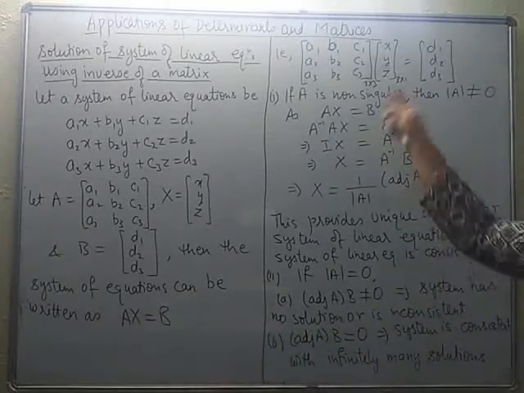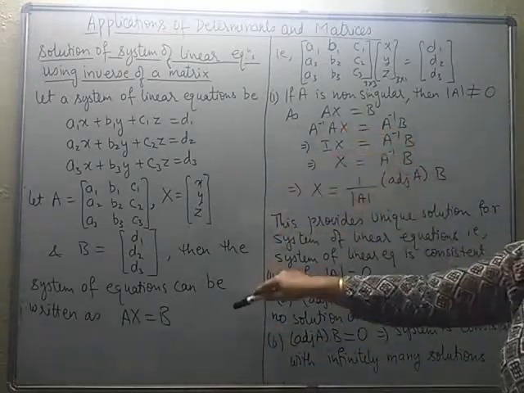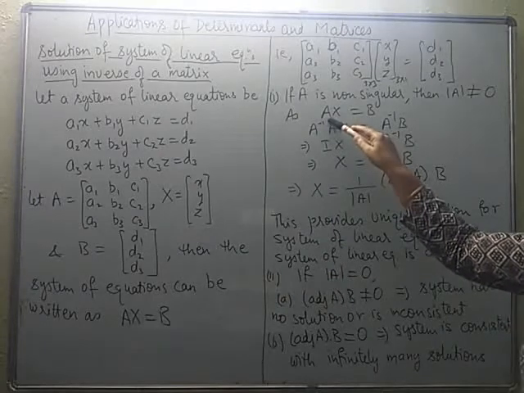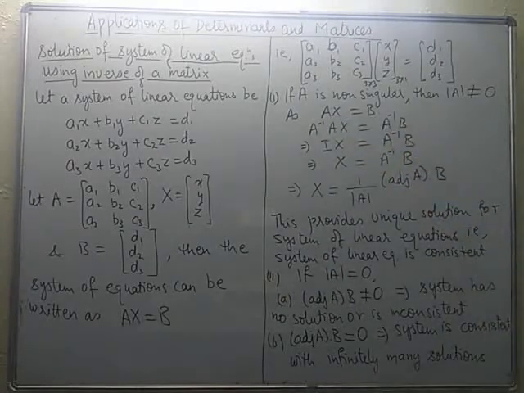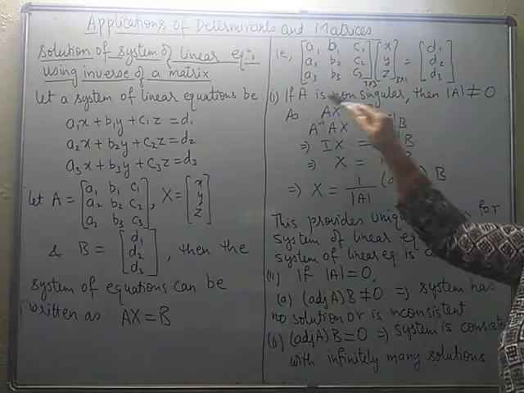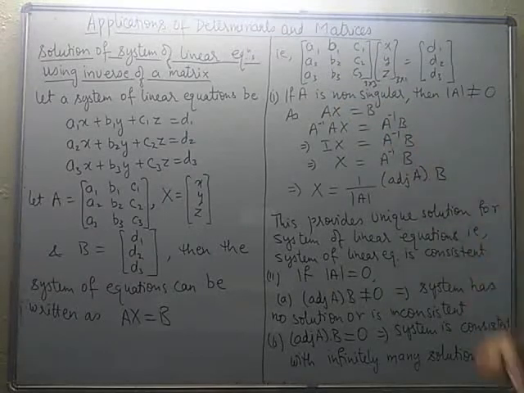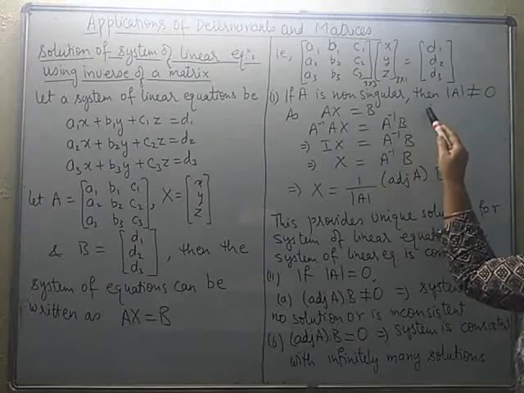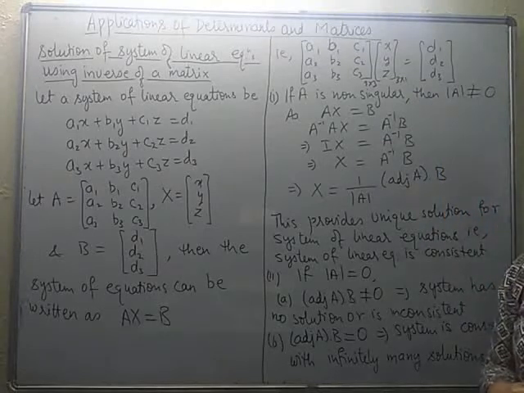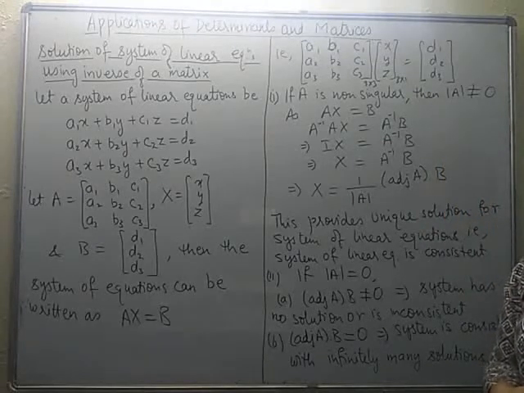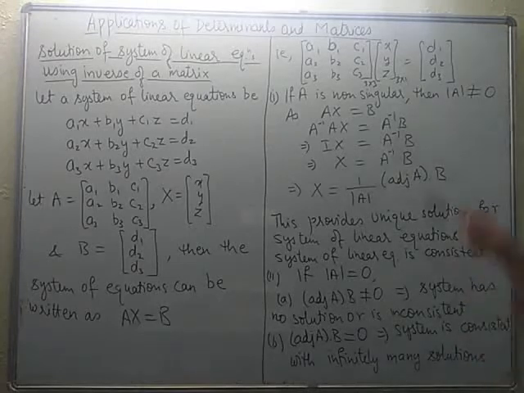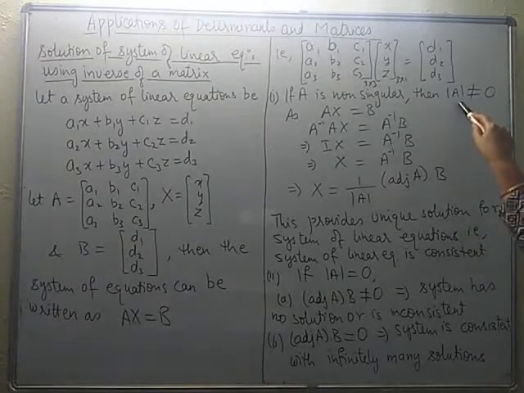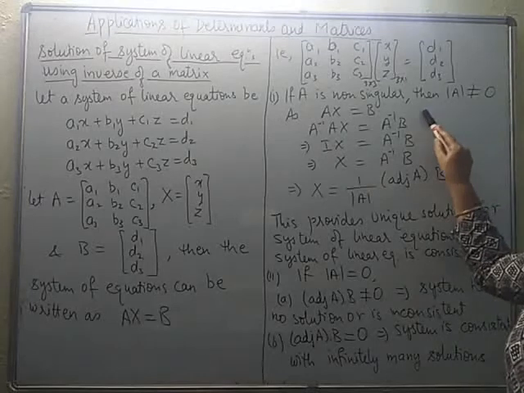So if I take the system of linear equations in terms of notations as AX is equal to B, and assuming A is non-singular, that means its determinant is not equal to 0. We have discussed that if the determinant of a square matrix is not 0, then we can talk about its inverse. So if the determinant is not equal to 0, the inverse exists.